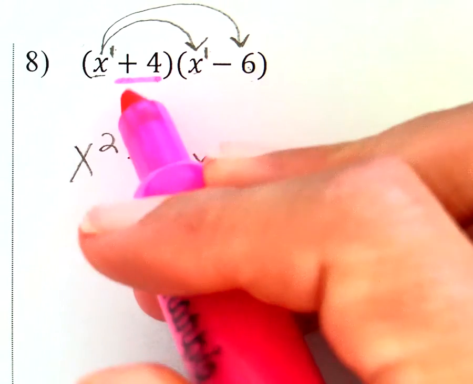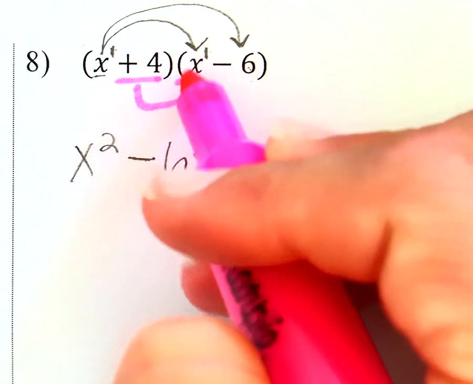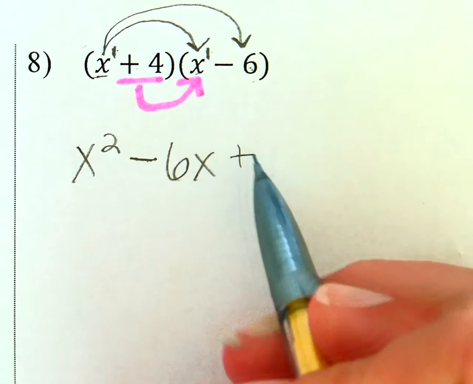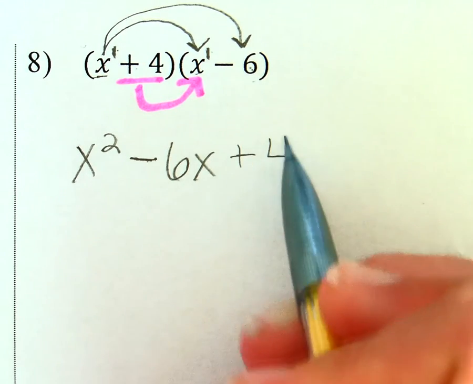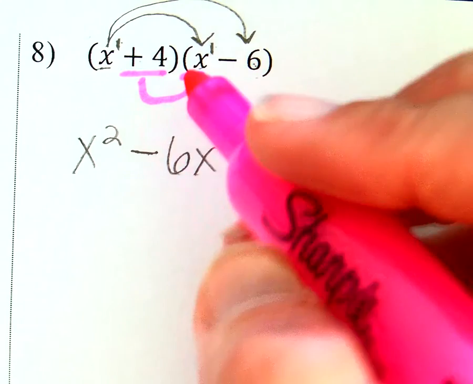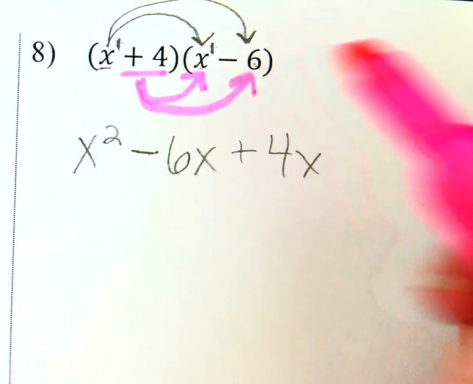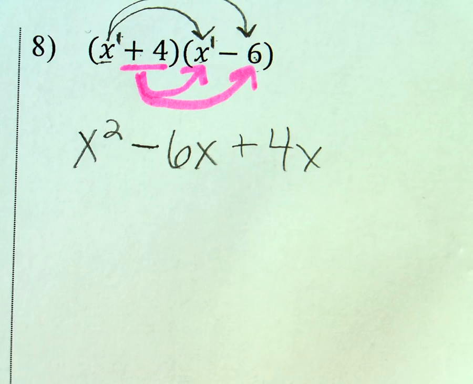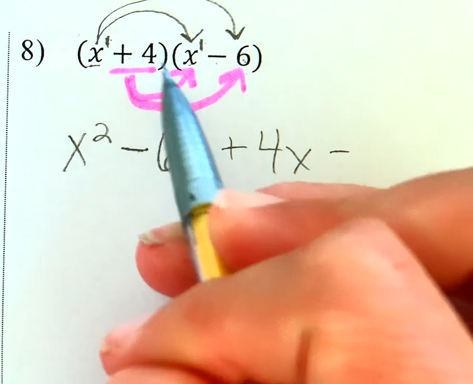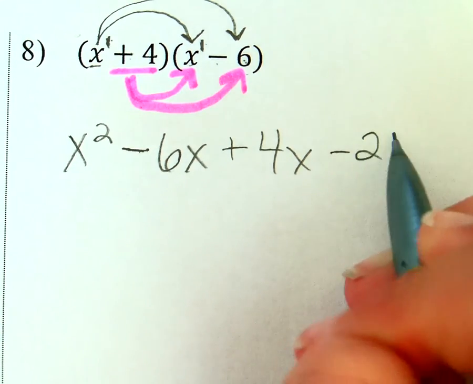So let's start by doing positive 4 times positive x. Positive times a positive is positive. 4 times x is 4x. Then I've got to multiply that positive 4 by its second term in the other set of parentheses, which is a negative 6. Positive times a negative is negative. 6 times 4 is 24.